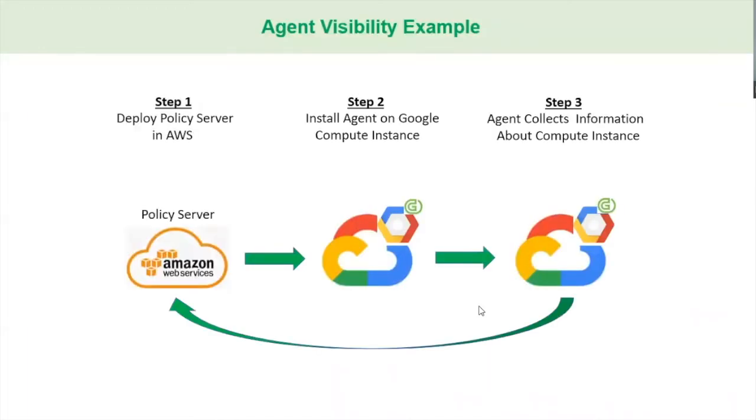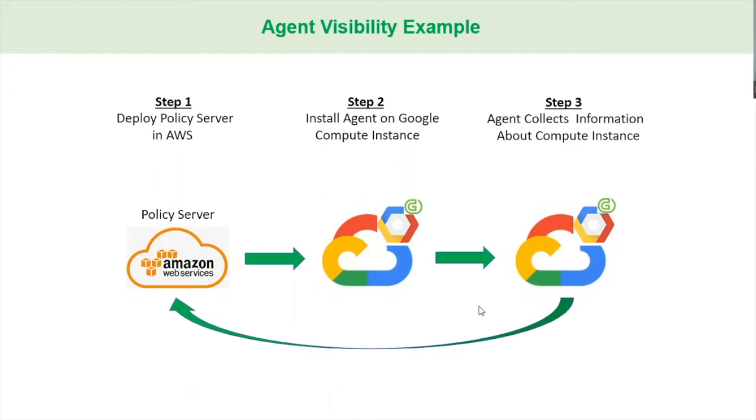This option does not rely on a connector to Google Cloud, or on deploying a sensor into Google Cloud. This is just applying an agent onto your Google Compute instances, and the agent will collect all that information and send it back to your policy server.